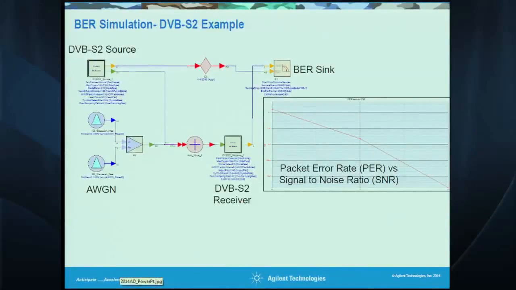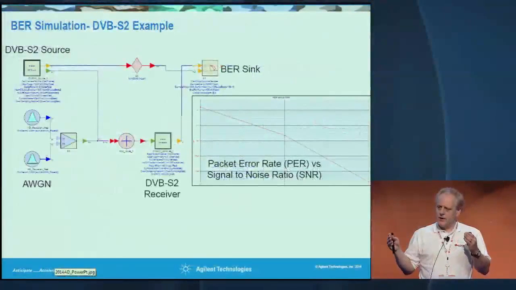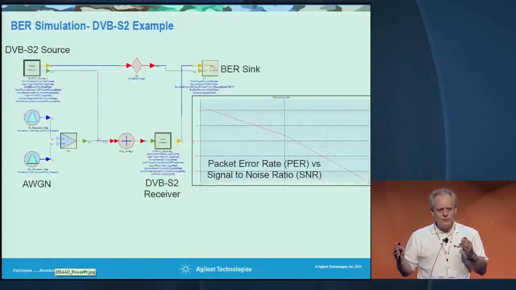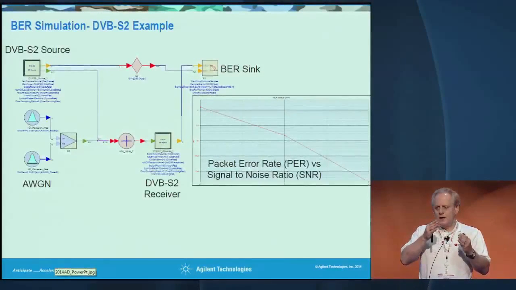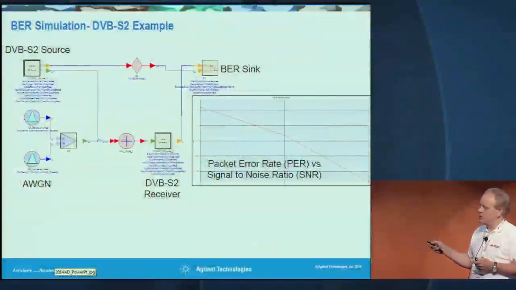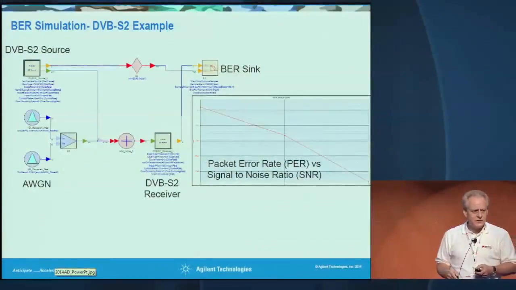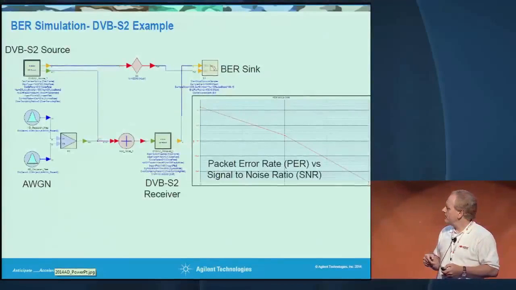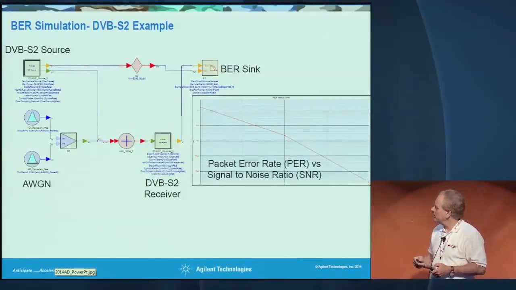Packet error rate is different than bit error rate in that if you have maybe a 6,000 symbol payload per frame, you'll have a lot of data bits in one frame. Does the frame have any errors, instead of just one bit? So it's actually harder to do that over a whole frame, so your packet error rates are going to be higher. But again, you get into this debug thing of where was the problem.